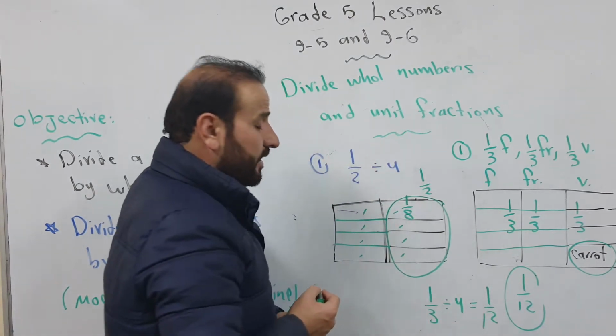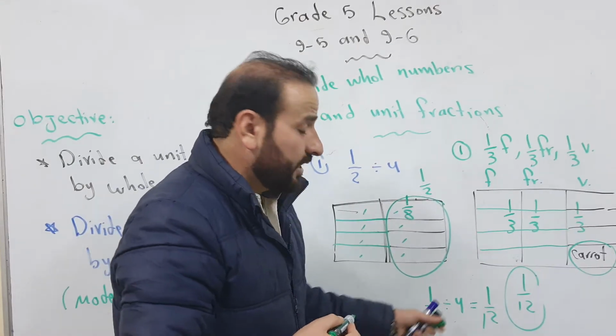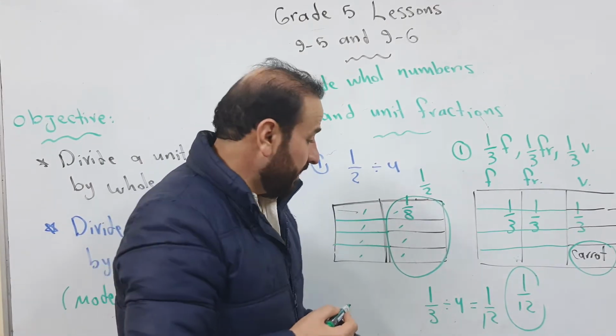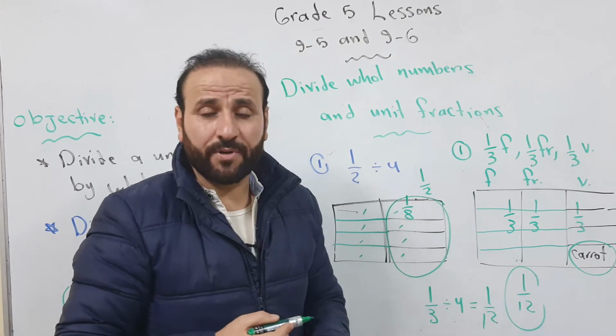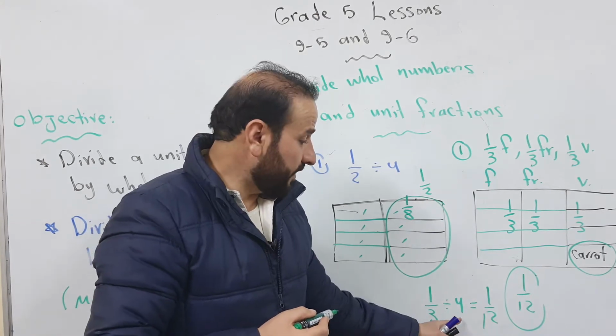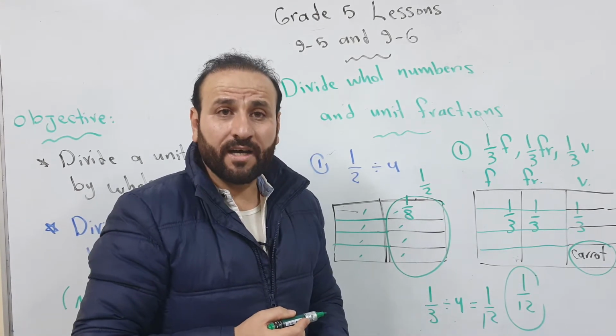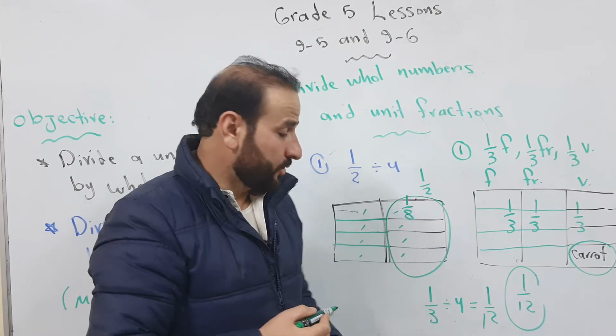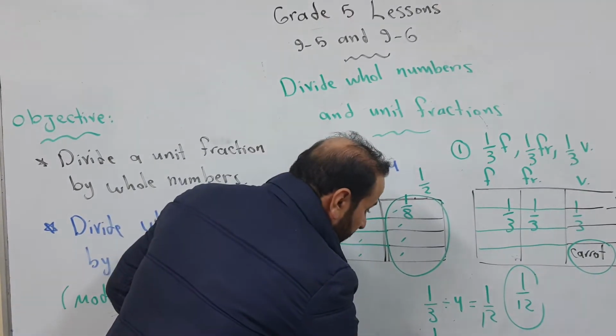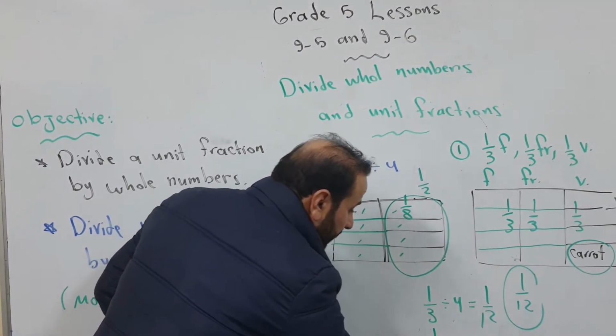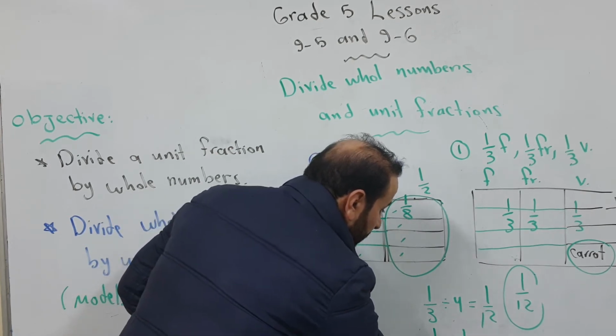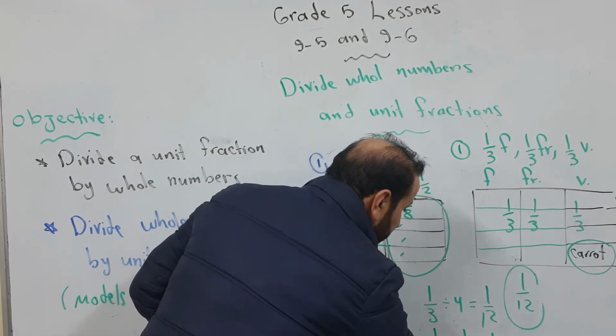Some students want to do it fast. They just flip, or write the reciprocal of the whole number. So it becomes 1 over 3 multiplied by 1 over 4 equals 1 over 12.